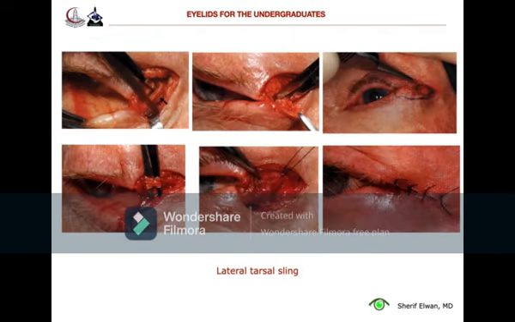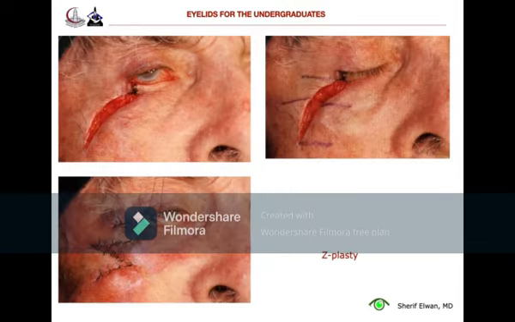loose skin. And this is the lateral tarsal sling, where a tongue is fashioned from the tarsus and is taken and sutured upwards in the periosteum of the arch, the zygomatic arch. Z-plasty is a complicated sort of surgery that needs knowing some geometry and having some imagination so as to shorten scars.